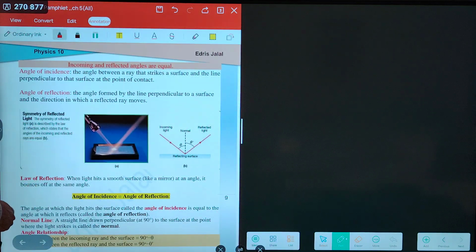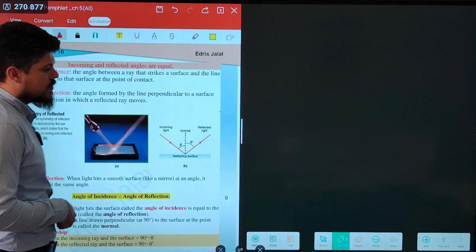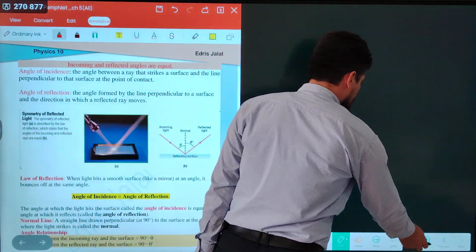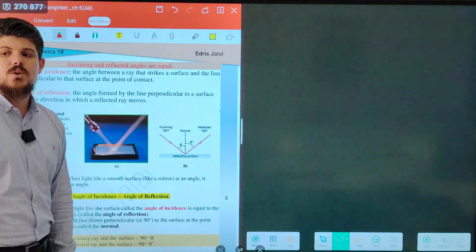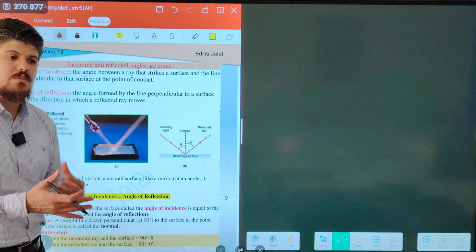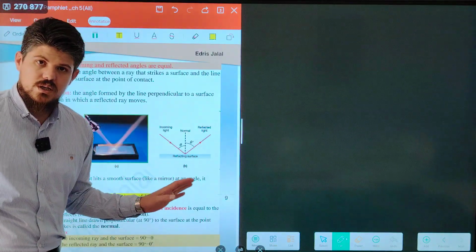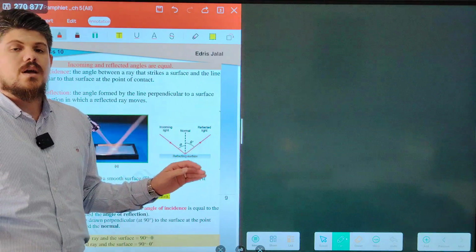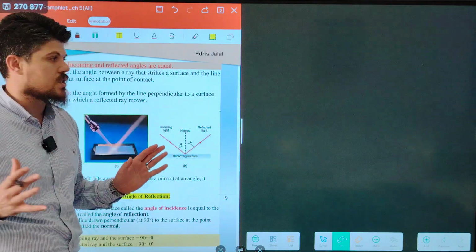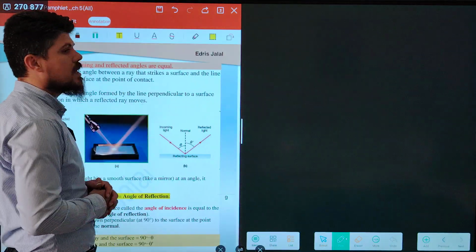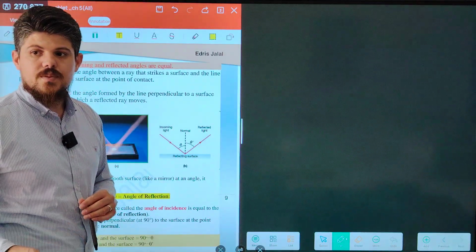Incoming and reflected angles are equal for specular reflection. So in this chapter, in this book, we assume that the material is a specular reflector. We solve and talk about specular, not diffuse reflection.